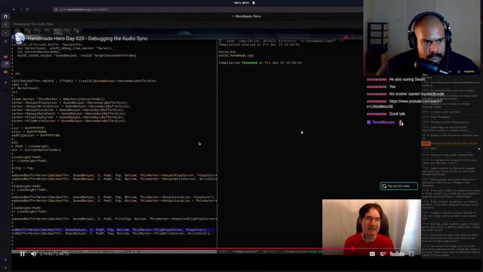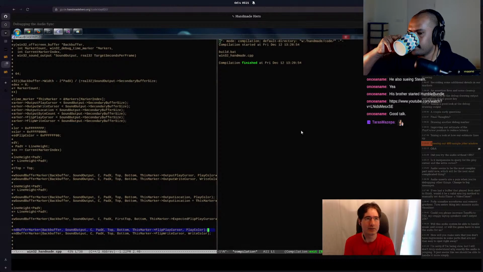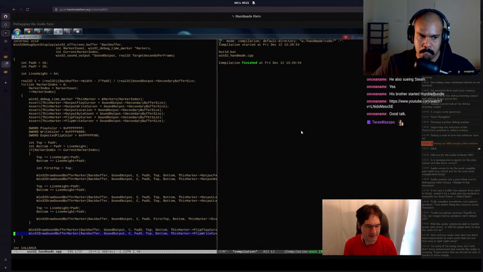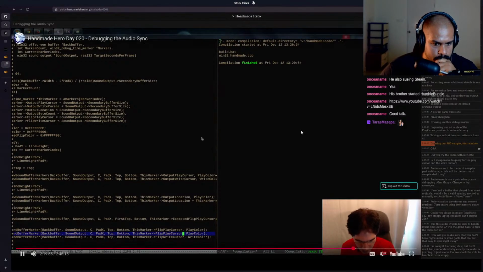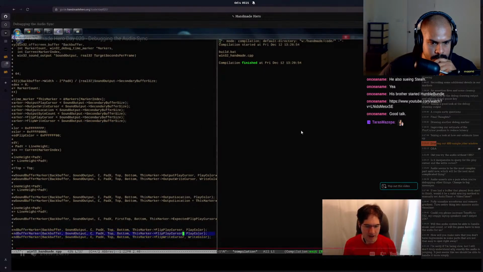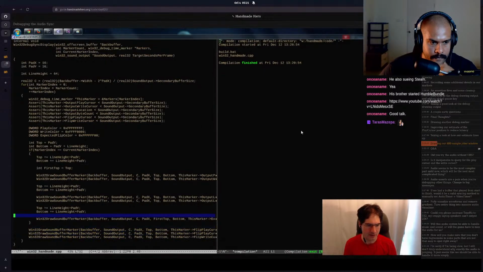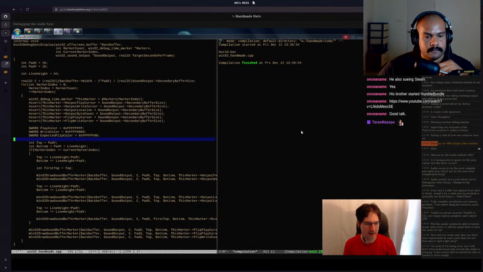Now, if it did, though, then it would be, yeah, well, okay. Let's draw that in and just see. When we measured this card, we knew there was a 480 sample difference there. So let's go ahead and draw that in.